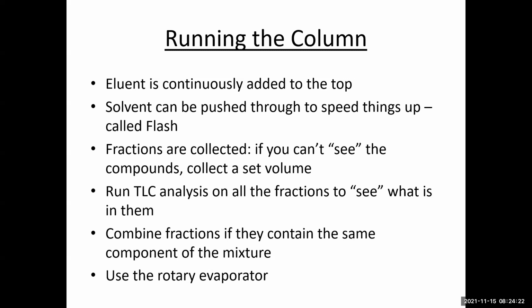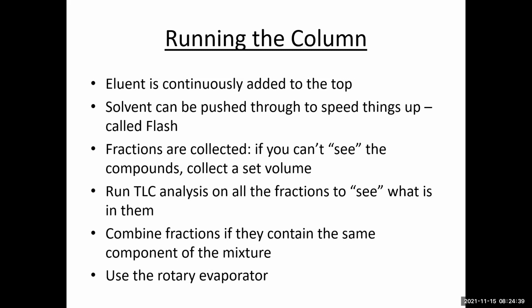But usually things are colorless, so we use smaller test tubes so that we can catch the point where one compound comes out and the other compound starts to elute, and you get a better chance of separation that way.